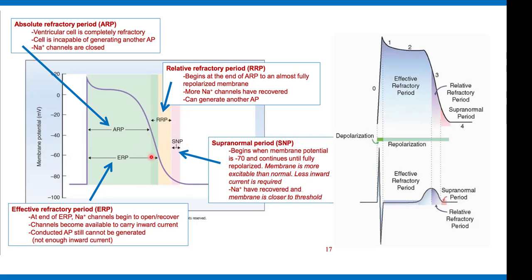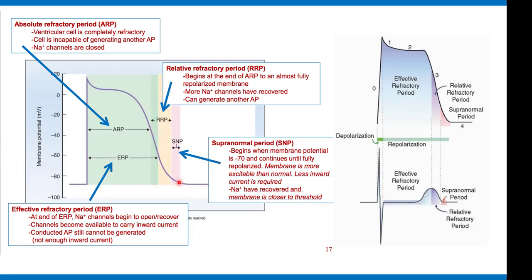Remember that it is at a certain voltage that some of these channels begin to be activated. As it goes down to about -40, some of the sodium channels begin to open. That is where, if you have a stronger stimulus, you could stimulate another action potential. Then there's the relative refractory period, where more sodium channels have opened, and that is till it hits phase 4.